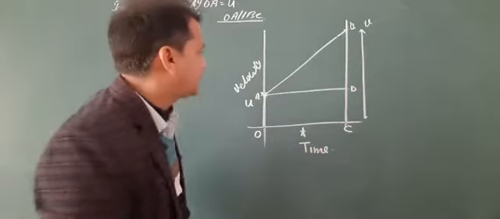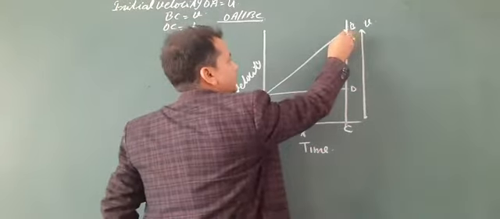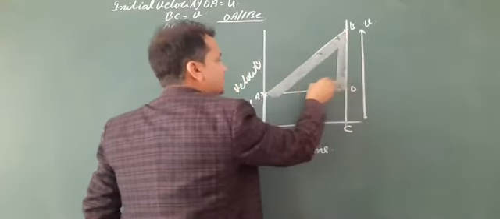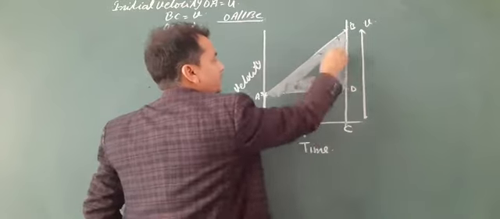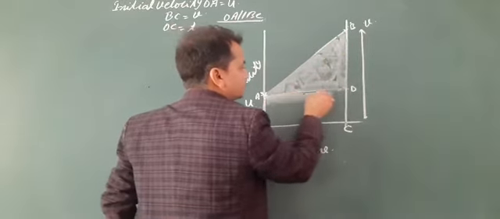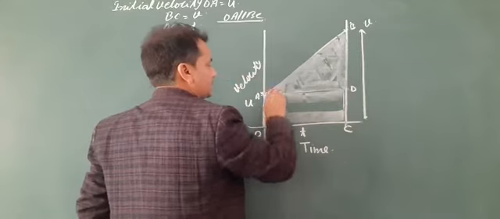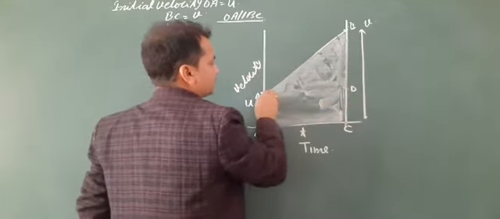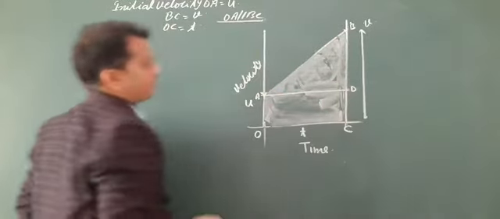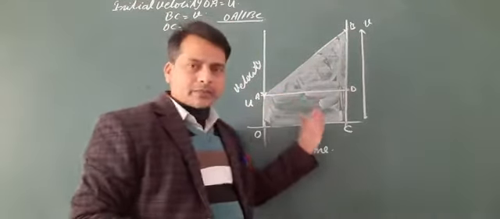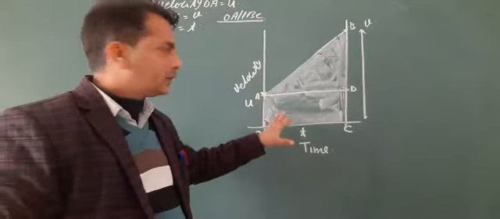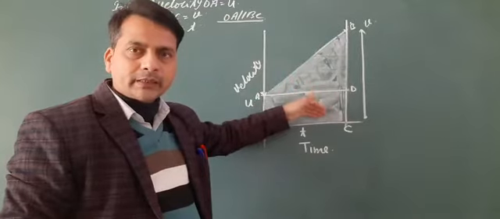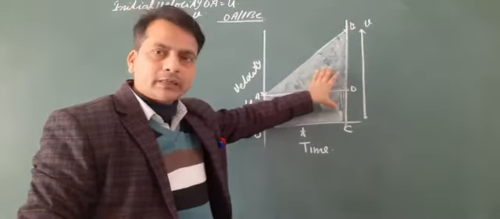So distance traveled by the object in the velocity time graph is the same as the area of this quadrilateral, and this quadrilateral is a trapezium.